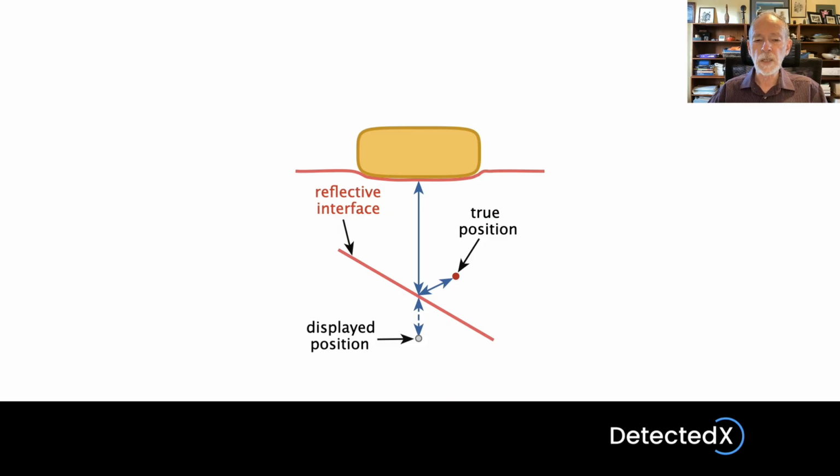And so this object is going to be displayed, as I've shown in this diagram, deep to the reflective interface and on a straight line based on the assumption that the beam has continued in a straight line. And so we get objects that are within the liver being displayed as mirror images deep to the diaphragm.